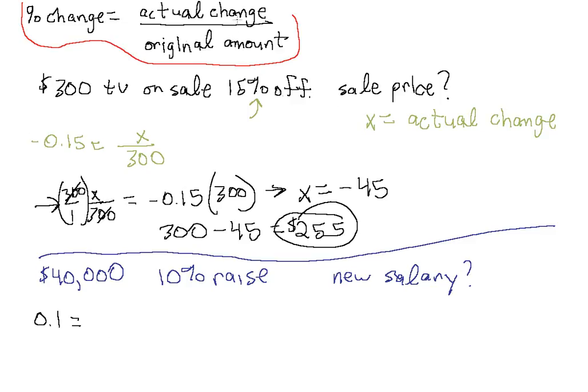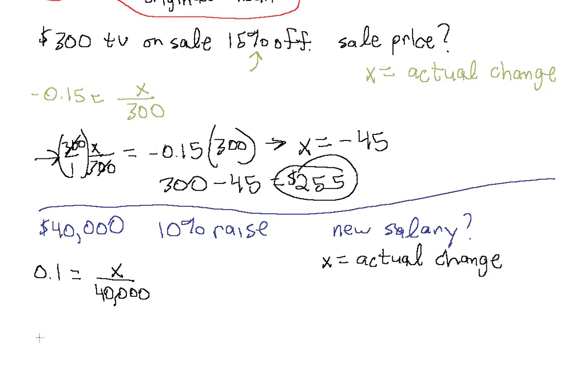Now here we don't know the actual change, we only know the original amount. His original salary was $40,000. So again, we're going to let x equal our actual change. That's the variable that we need to find to help calculate our new salary. So here's our equation, and let's go ahead and solve for x.